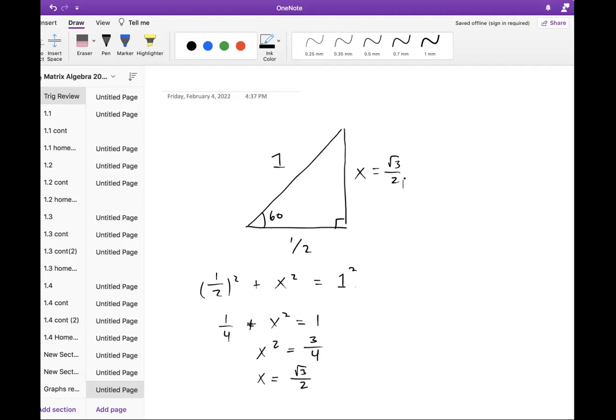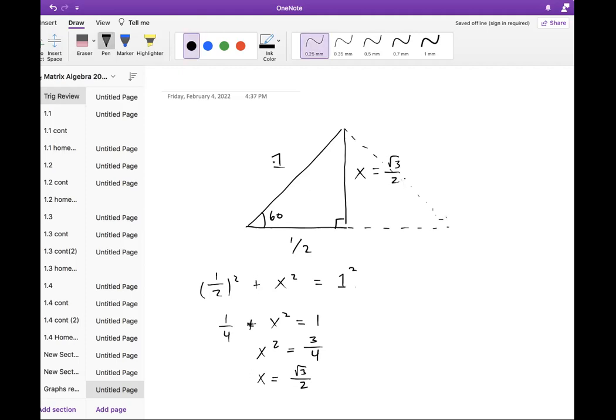Does that make sense? And again, why is that true? It's because when we reflected it, you get an equilateral triangle. Okay, so this is always true, right?